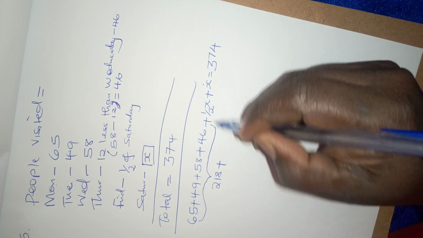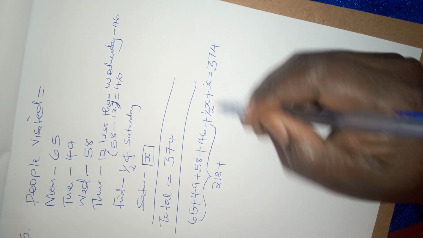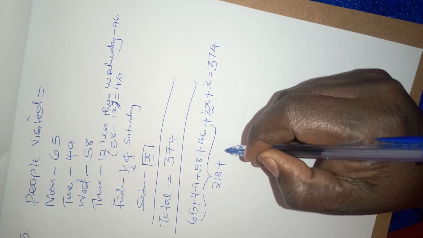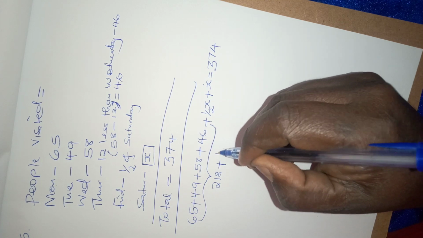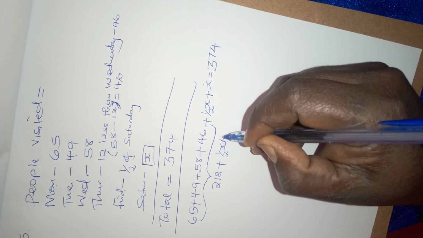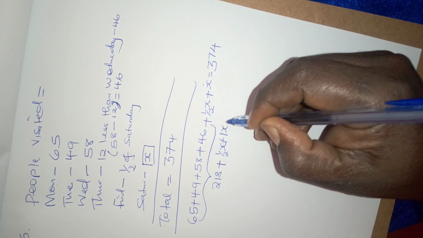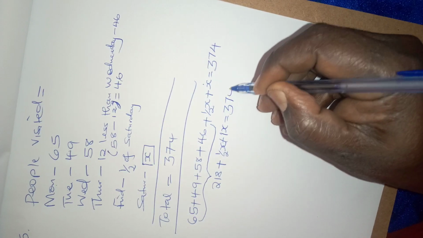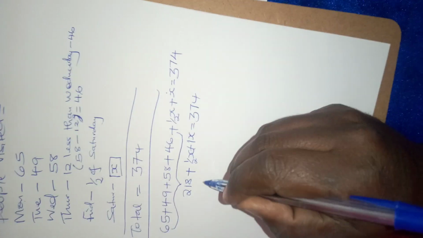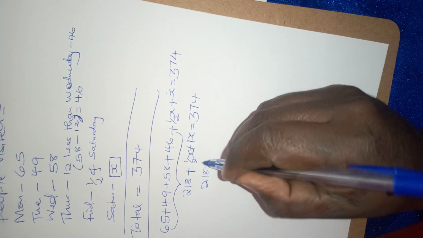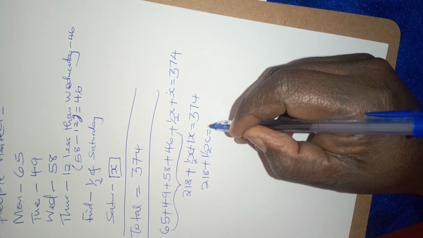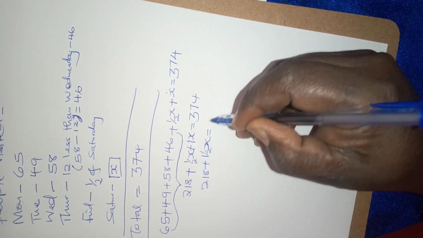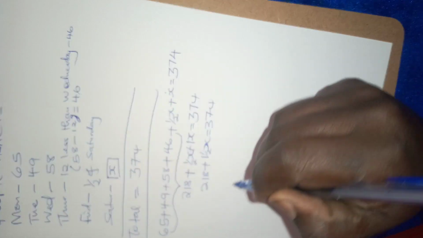Then we shall have half X plus X. And here X is the same as 1X, so we shall have half X plus 1X, which is 1.5X. So 218 plus 1.5X is equal to 374.